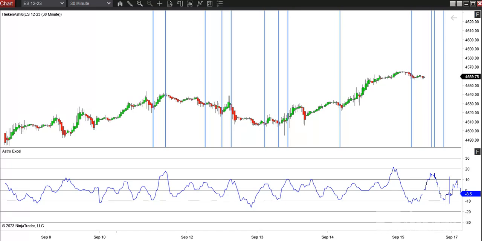This one is based on the moon and its relationship to all other planets as it moves through the zodiac. And what we can do with this is identify turning points on the larger frame.